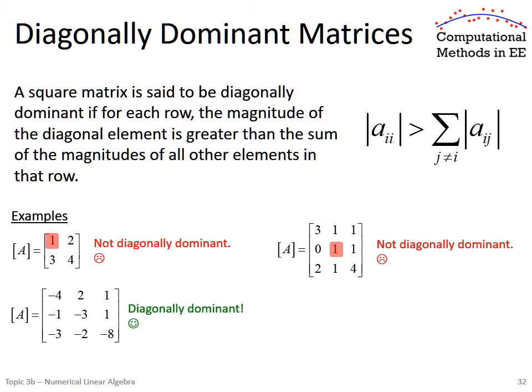The sum of the other elements is 3. 4 is greater than 3. In the second row, we have a 3 in the diagonal position. If we sum all the other elements, we get 2, and 3 is certainly greater than 2. And in the last row, we have an 8 in the diagonal position, and the sum of all the other numbers is 5. 8 is certainly bigger than 5. So we have another diagonally dominant matrix.